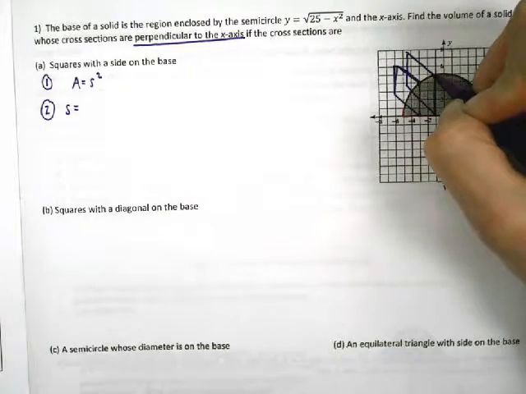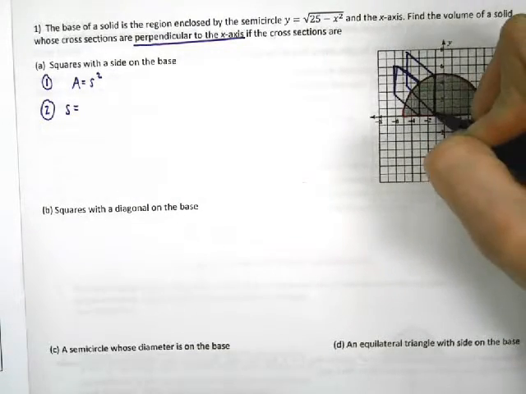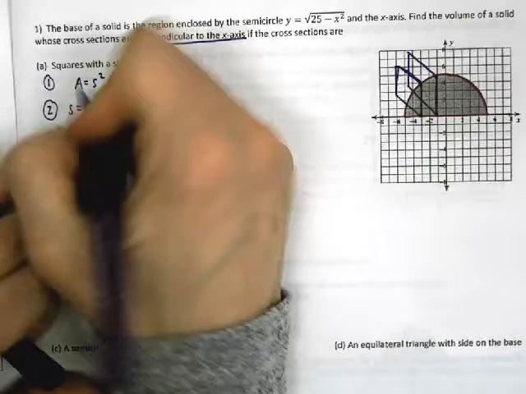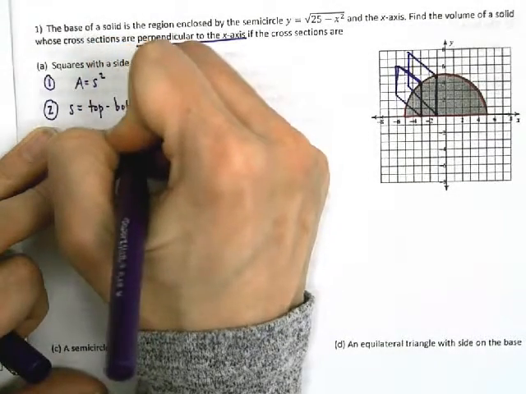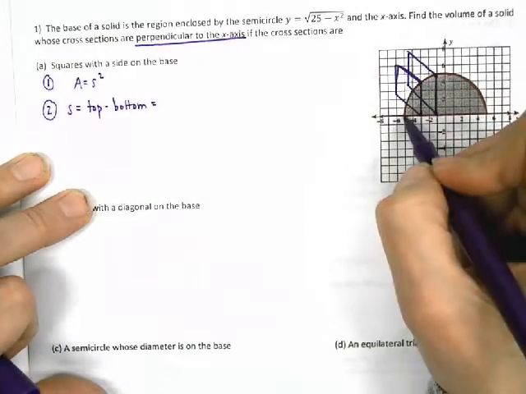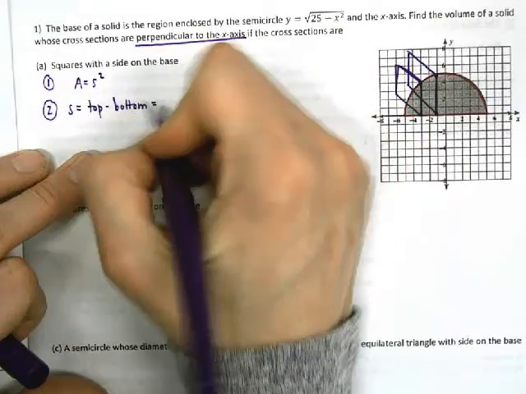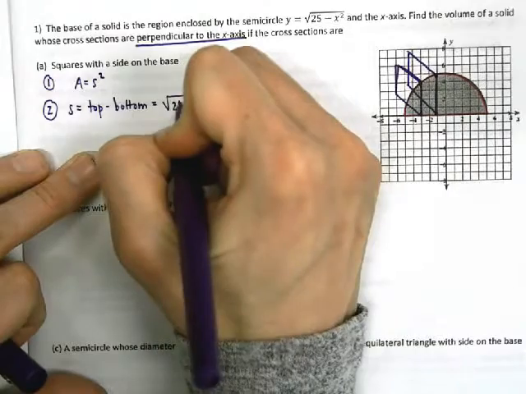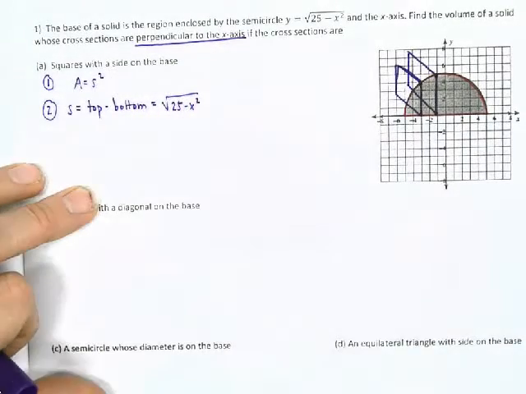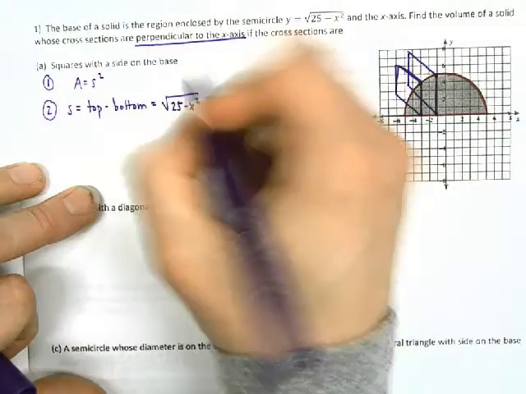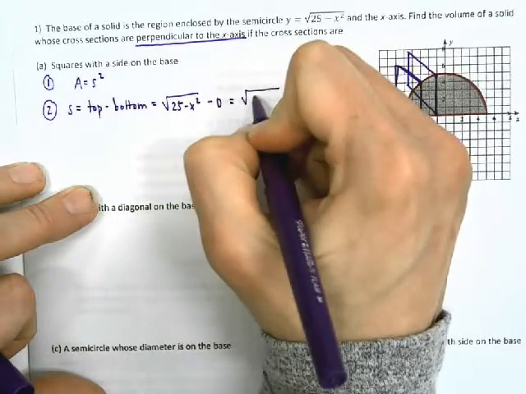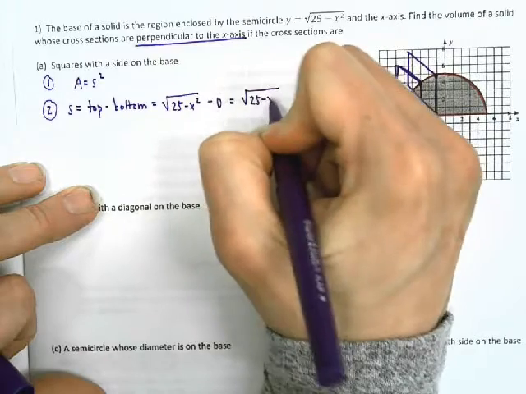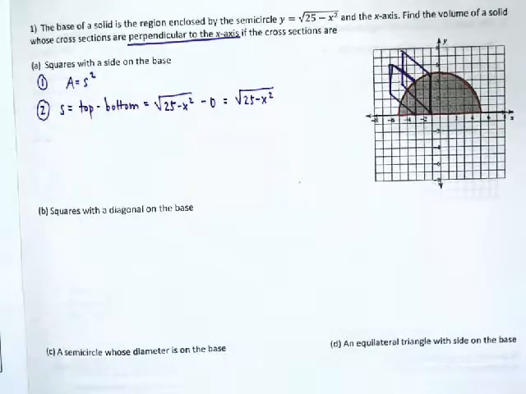And I can find S just by finding the difference between the top and the bottom. So I'm going to use top minus bottom to figure out S. Well, for me, I know the top is the top of this curve, so square root of 25 minus x squared. And the bottom is just the x-axis, so minus 0. So my S is just the square root of 25 minus x squared.